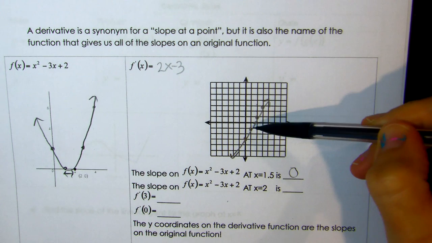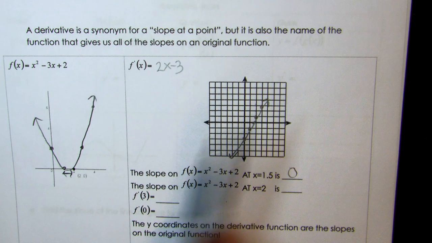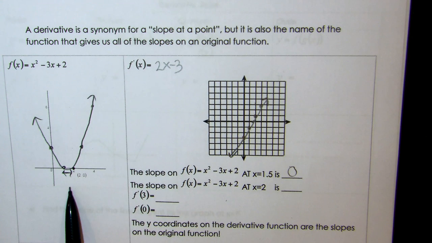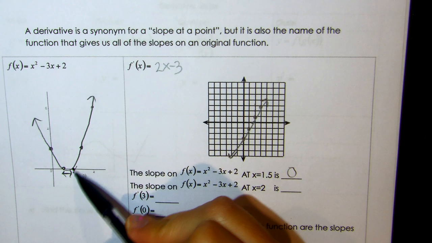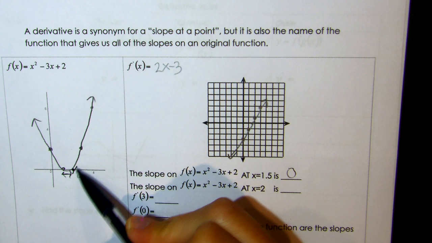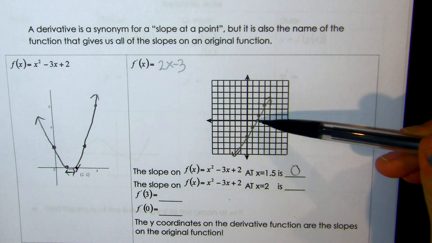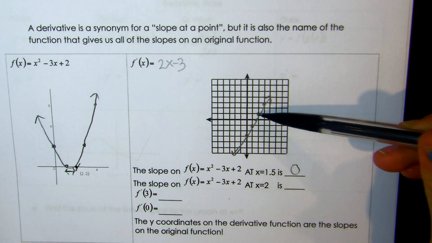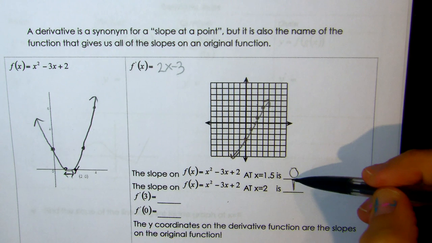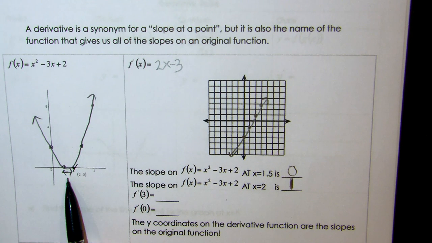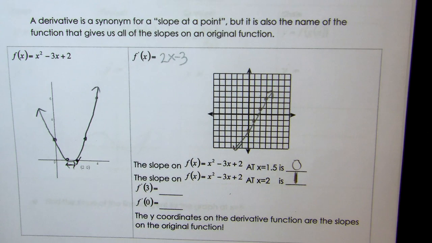The y coordinates on the derivative are the slopes on the function. If I want to know the slope on the parabola at 2, I'm guessing that it is a positive number. If I go to the derivative and look at the y coordinate at 2, which is 1, that y coordinate on the derivative is the slope on the function.